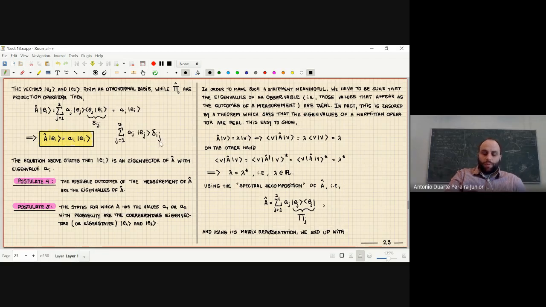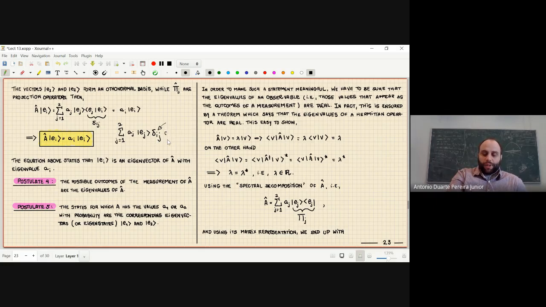So J will be 1 or 2 in the sum. And this guy here will have the value that J has when this delta is 1. So this sum will filter the value of J that agrees with I. If I is 1, then it will filter J equals 1. If I equals 2, it will filter the value J equals 2, because the other one will be 0. So the result of this sum is that just the terms where J is equal to I are going to survive.